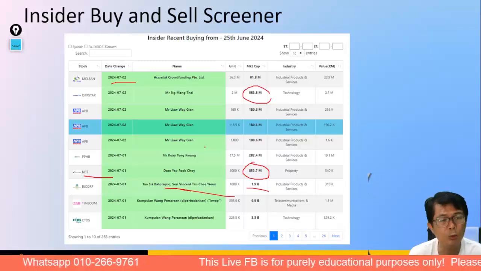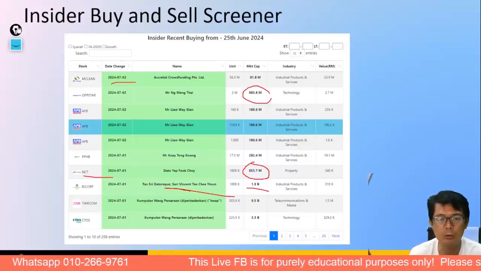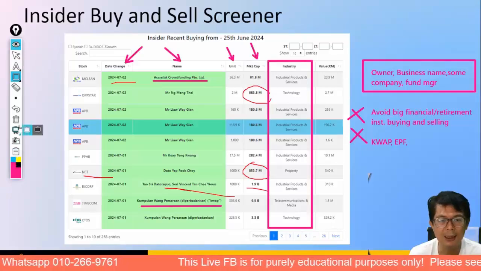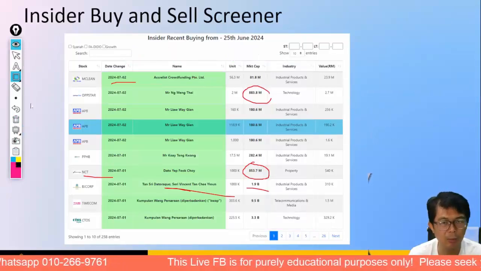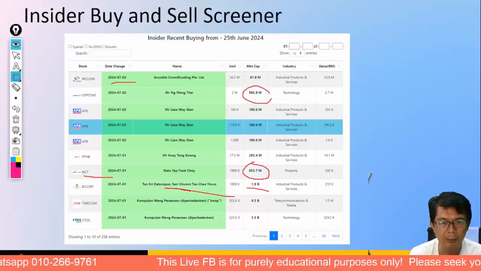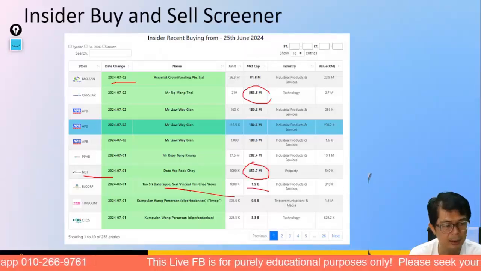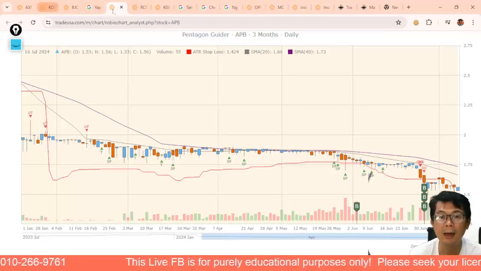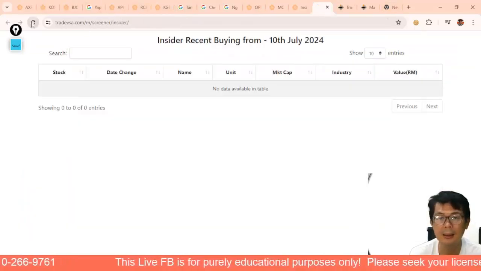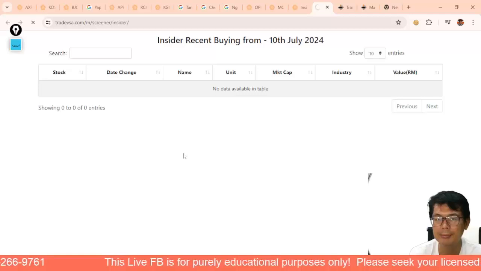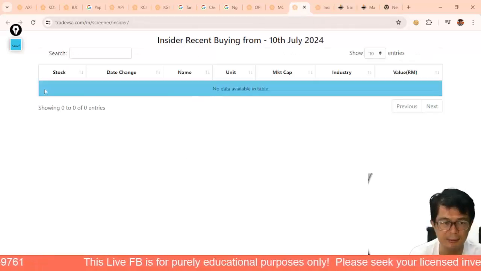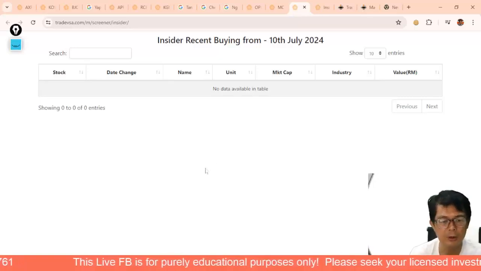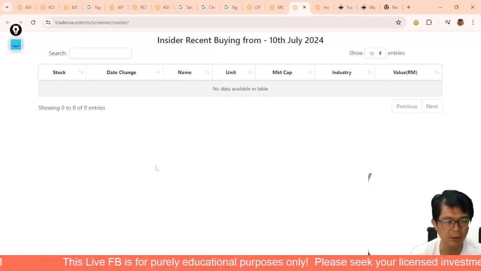All right, so I don't want to take too long because tonight is just a how-to tutorial on our insider buying and selling. Let's check one more time whether we will get our screener in our insider. No, it's not updated yet as the system is still going on, but usually it should finish by 11 o'clock.